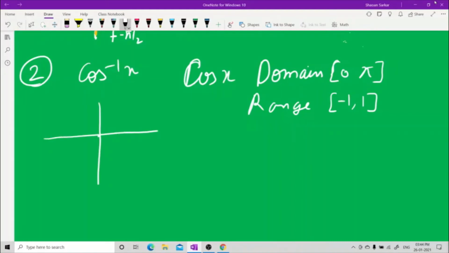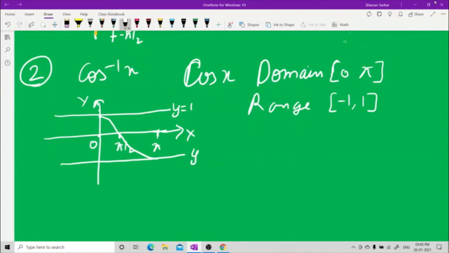This is 0, pi by 2, and this is my pi, and this is my x-axis, this is my y-axis. At 0 it is 1, at pi by 2 it is 0, and at pi it is again -1, like this it is. This is the line y equal to 1. This is the line y equal to -1. And this is my pi.